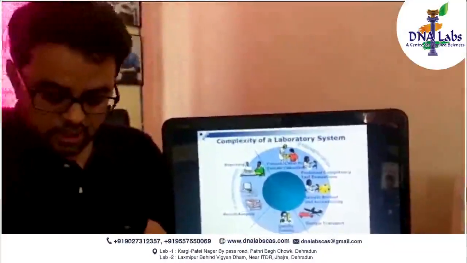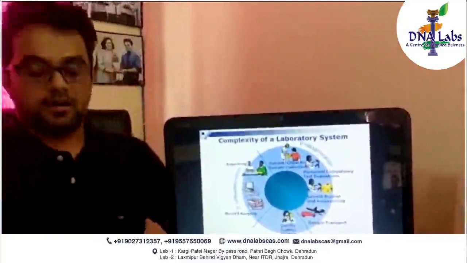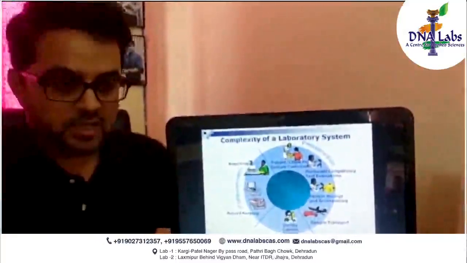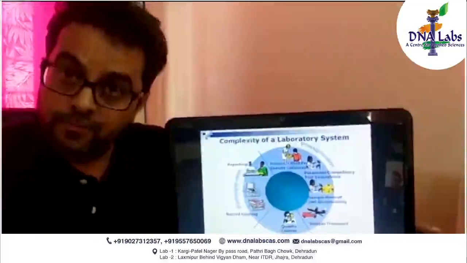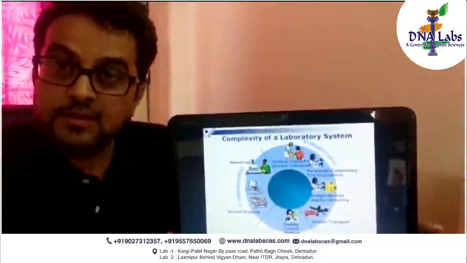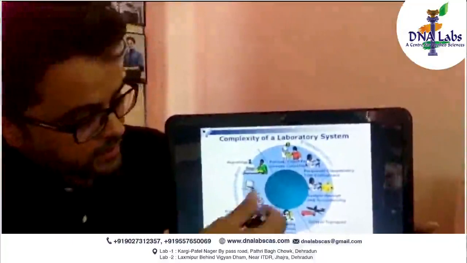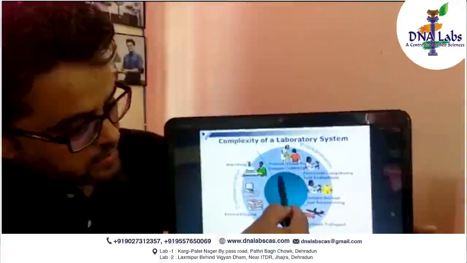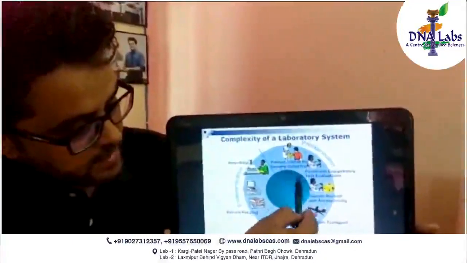That is before doing the exact procedure: sample collection, requisition form filling, discarding of needles, discarding of samples, discarding of waste. All these come under pre-analytical things, pre-examination.